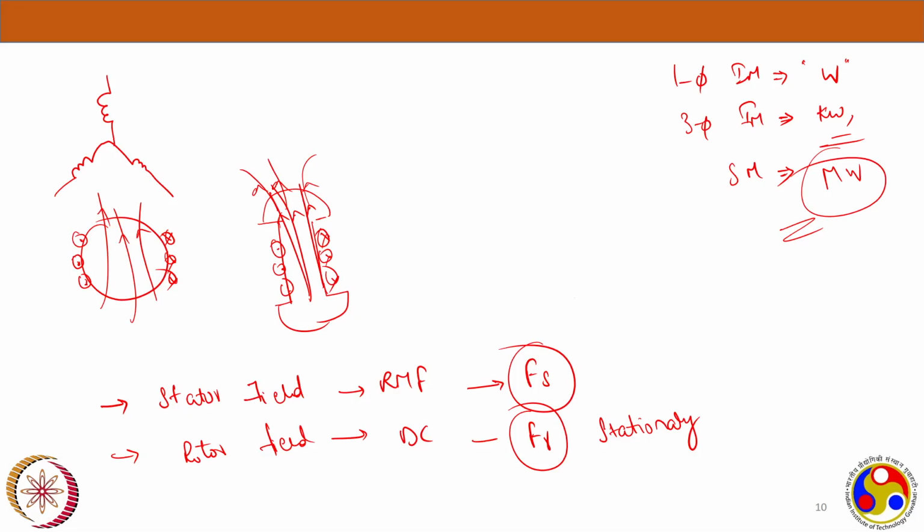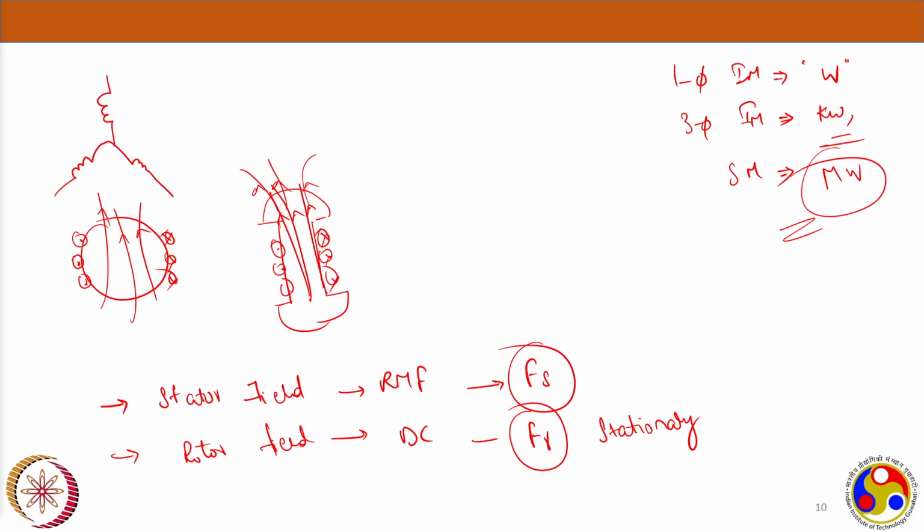That's okay, but it's stationary only. It won't be rotating like the three-phase winding field. Now if you want to operate this machine as a motor or a generator, you want to rotate this machine. So your machine has to rotate. Now your stator has this RMF, but your rotor has this DC field. Will the machine rotate or not?